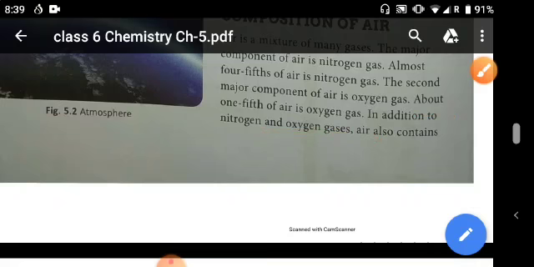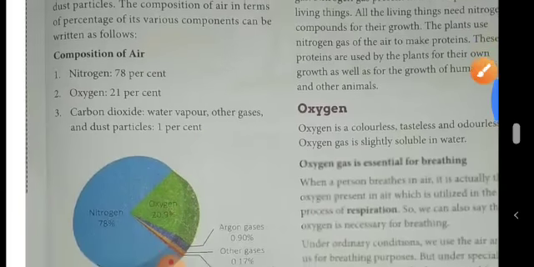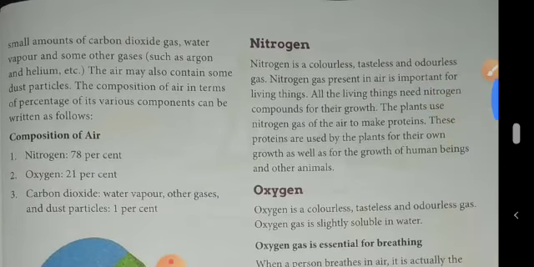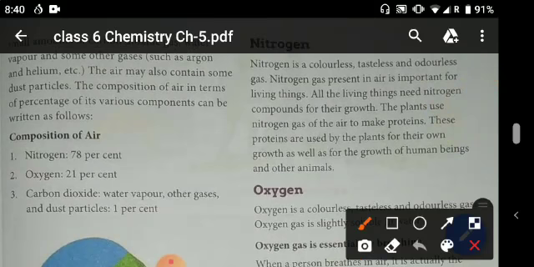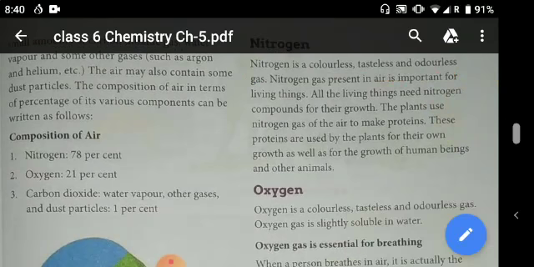Okay, now we will discuss nitrogen. Nitrogen is a colorless, tasteless and odorless gas.